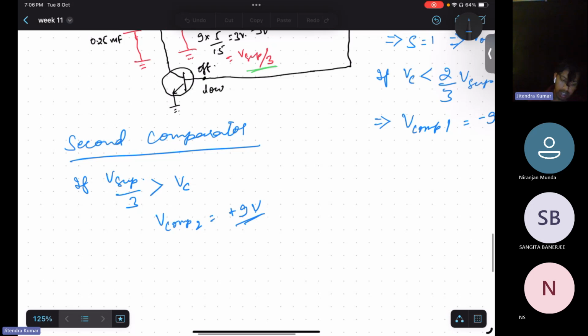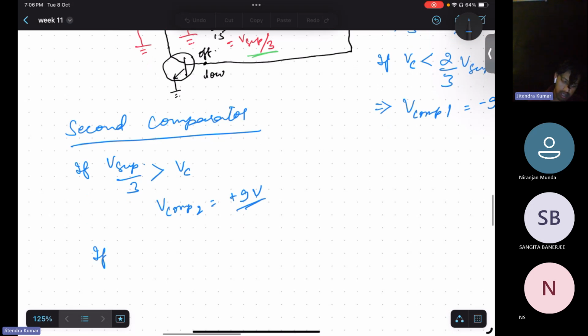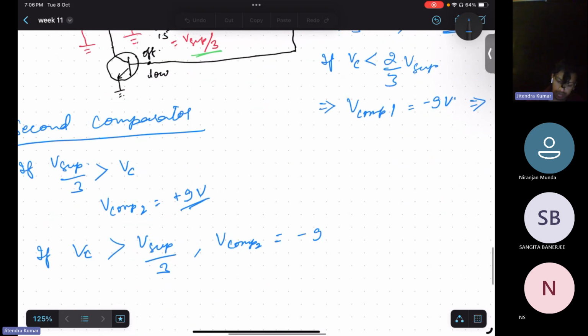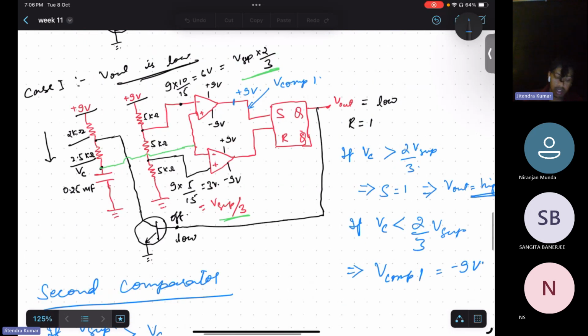And if VC is higher than V supply by 3, V comparator 2 will be minus 9 volt. Okay, so we have the conditions for both the comparators. Now we have to plug in those values in S and R, and we have to see when they are going to produce output high.